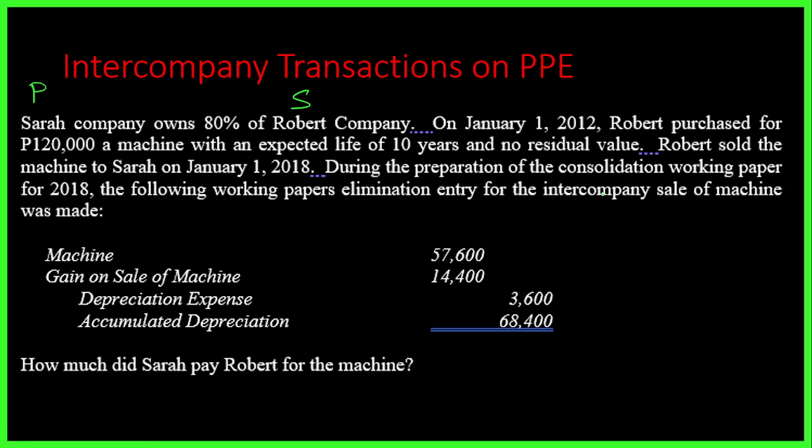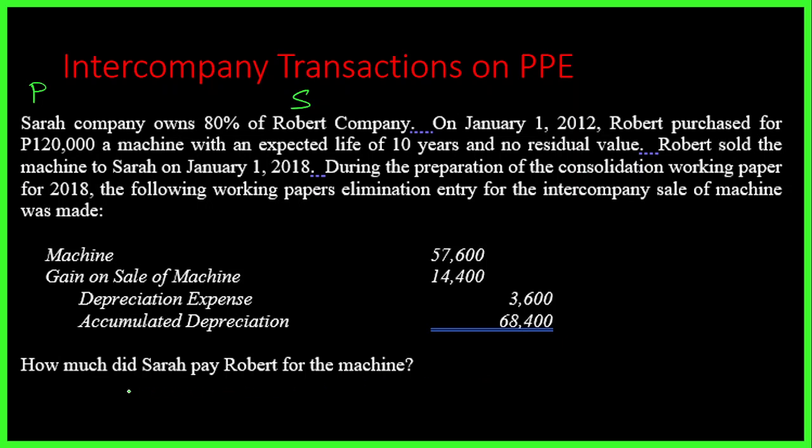Robert sold the machine to Sarah January 1, 2018. During the preparation of the consolidation working paper for 2018, the following working paper elimination entry for the intercompany sale of machine was made. You have the machine, gain on the sale, depreciation expense, and accumulated depreciation. How much did Sarah pay Robert for the machine?